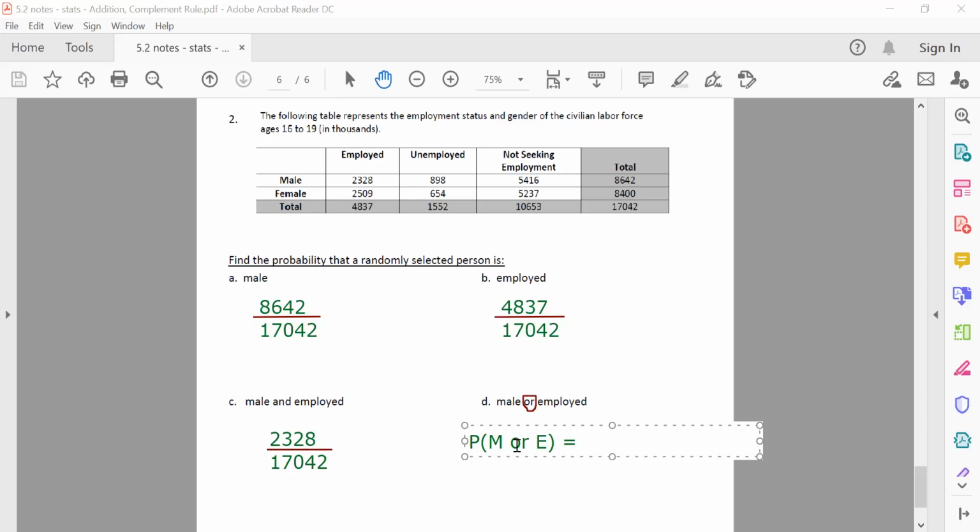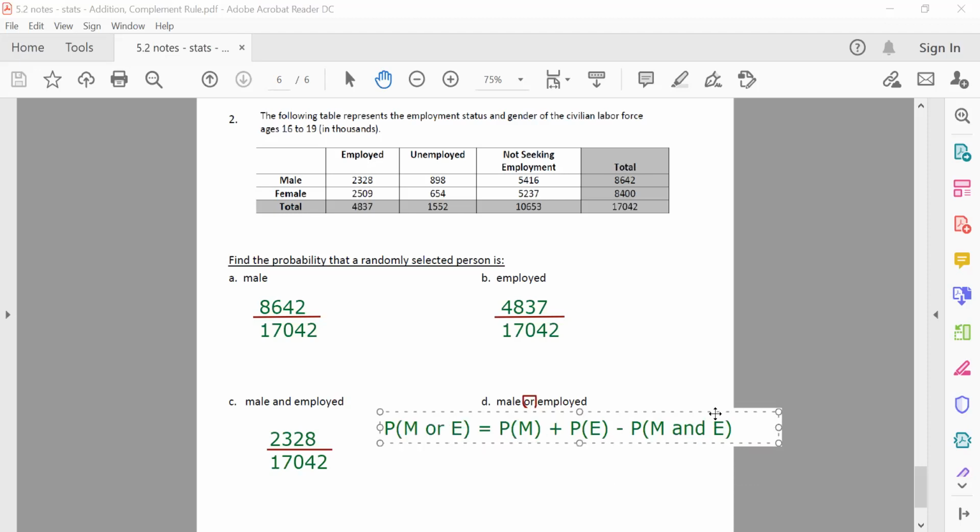If you're doing an or probability, it's always the probability of the first thing plus the probability of the second thing minus the probability of both of those things occurring. Let me expand this. It doesn't matter what context your problem is in. This is going to always be true no matter what your events are.